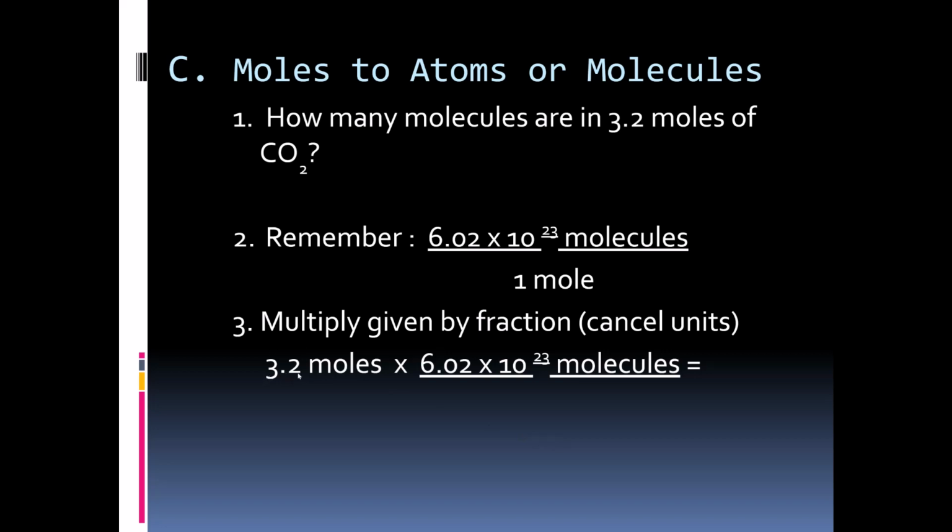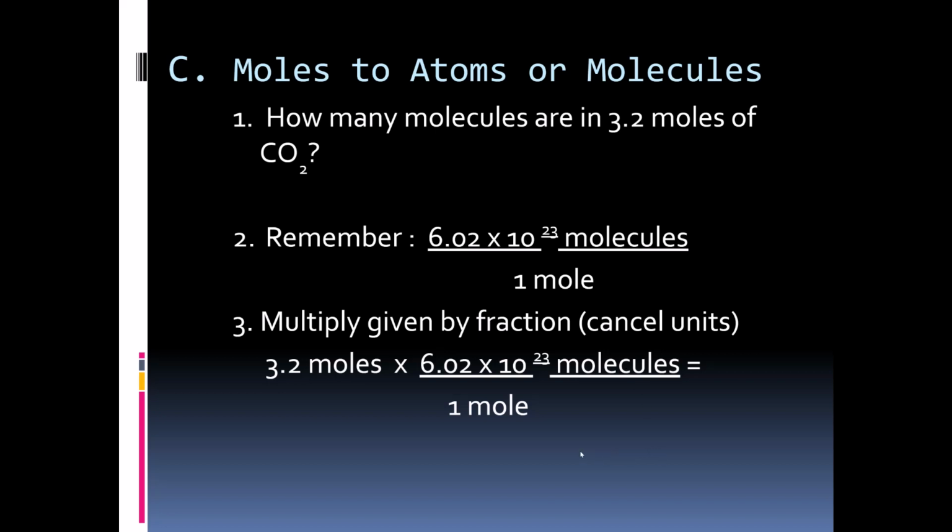So we have 3.2 moles given to us, so we write that down first. And we times it by our conversion factor, which is going to be 6.02 times 10 to the 23rd molecules per mole. Moles are on the bottom here and on the top here, so they will cancel out, leaving molecules at the end. We're basically just saying, if this is 1 mole, let's times it by how many moles we have and get the number of molecules.